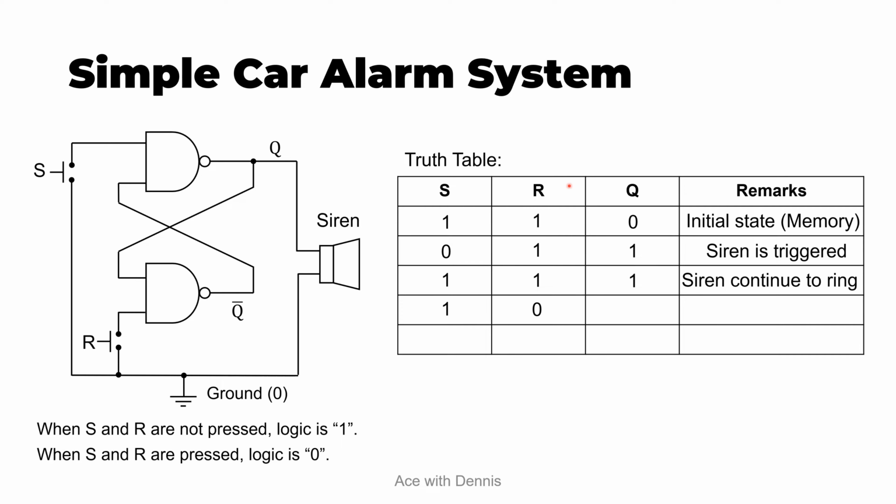So now the car owner presses the reset button, where R becomes 0 and S is 1. Hence the output will be 0, so the siren is turned off. After releasing the reset button, Q will still be 0 because it is in the memory state, where there is no sound from the siren. So this is how a simple car alarm system works.